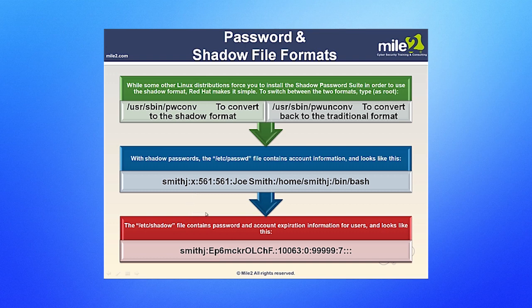That we would go to the /etc/shadow file, and this would be where the password is contained, but again in a format that would not be readable. We can also get other details such as account expiration and so on.